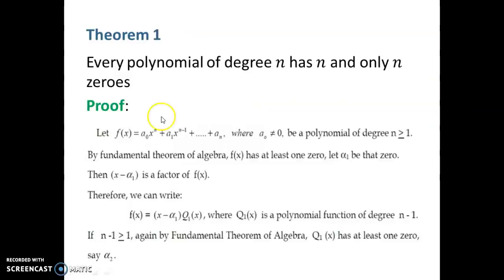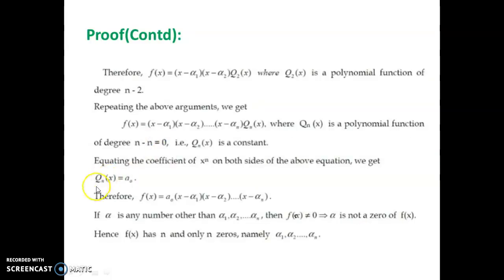But at the beginning we had taken the polynomial f(x) as a0 into x^n. Here the coefficient of x^n was a0. Therefore qn(x) will be equal to a0.